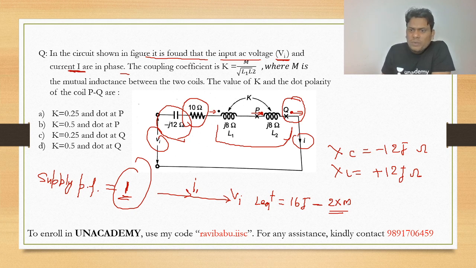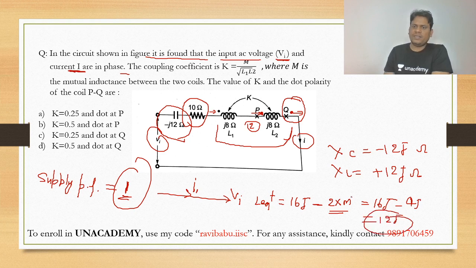And M should be equal to 2. So it will be 16J minus 2 into 2, so 4J, which is equal to 12J. And M is 2.